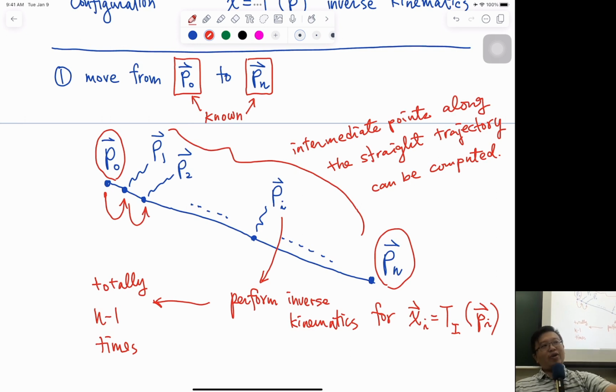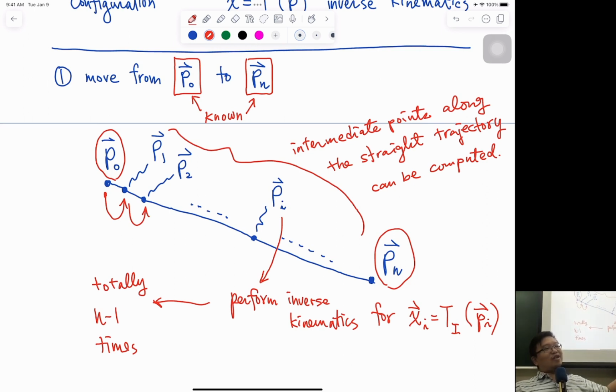After the third one, you directly go to the end point. In that case, the controller doesn't guarantee that between each point it's going straight. So if you do not use enough intermediate points, it could be moving like a wavy curve.